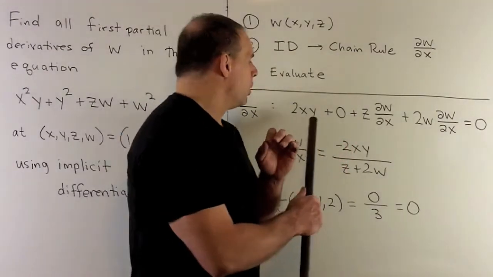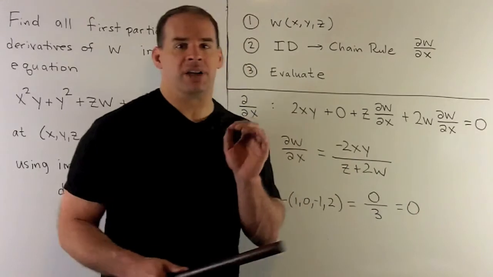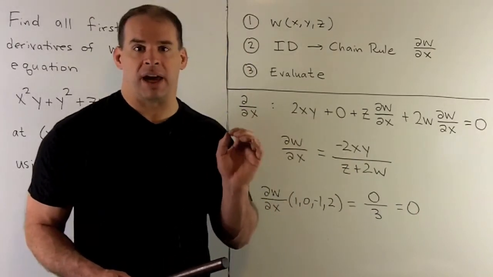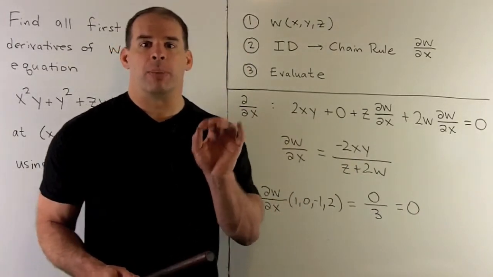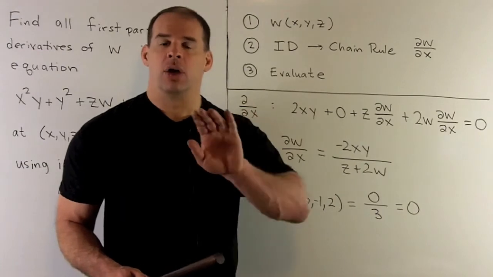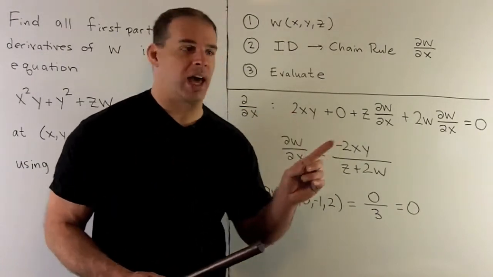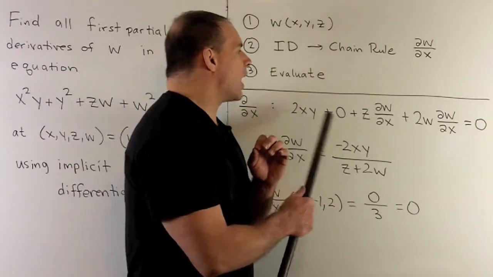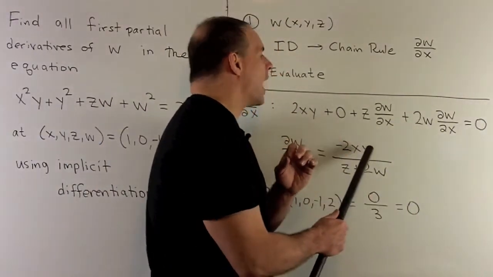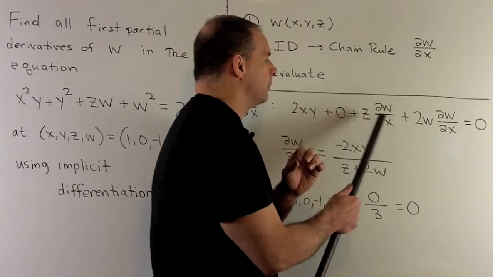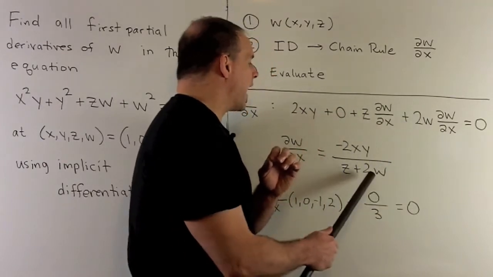Now, once I get to here, it's just a matter of isolating the partial of w with respect to x. So we put all the partial w with respect to x on one side, and then the other terms on the other side. So we'll put 2xy to the other side as a minus 2xy. We'll factor out the z plus 2w, and then divide.